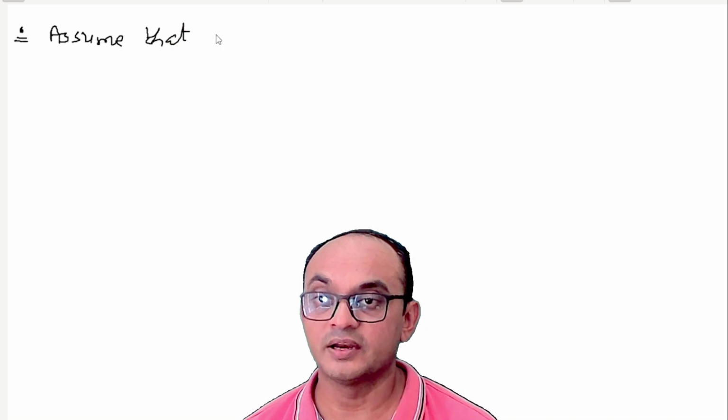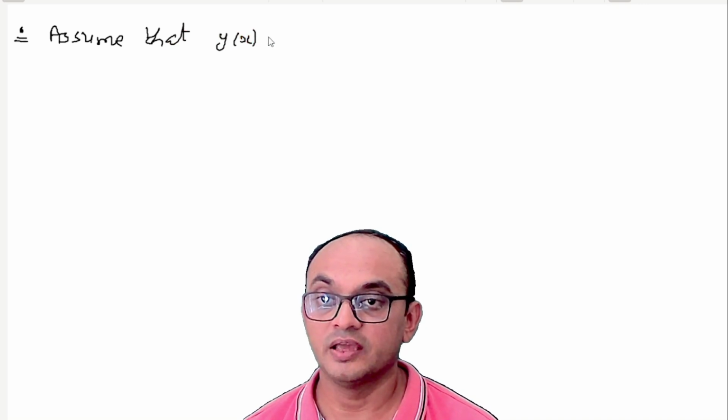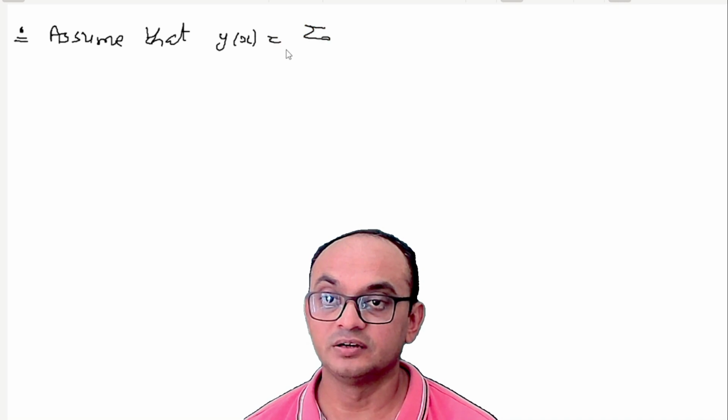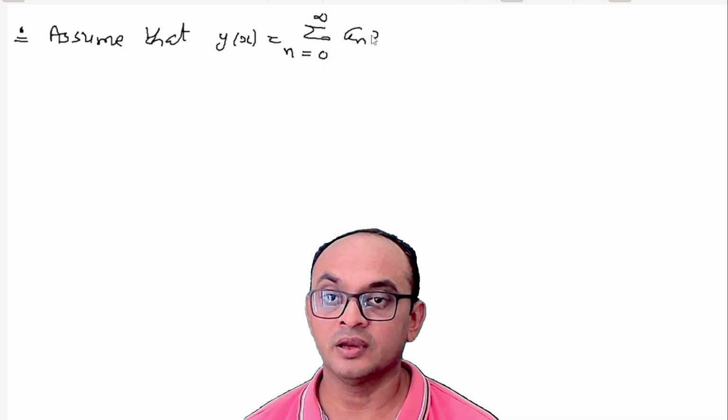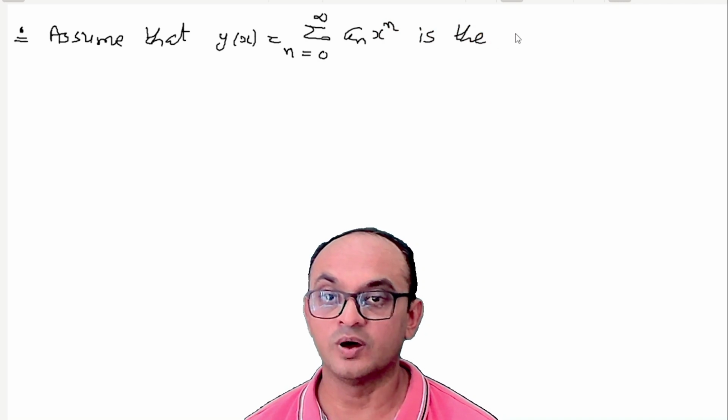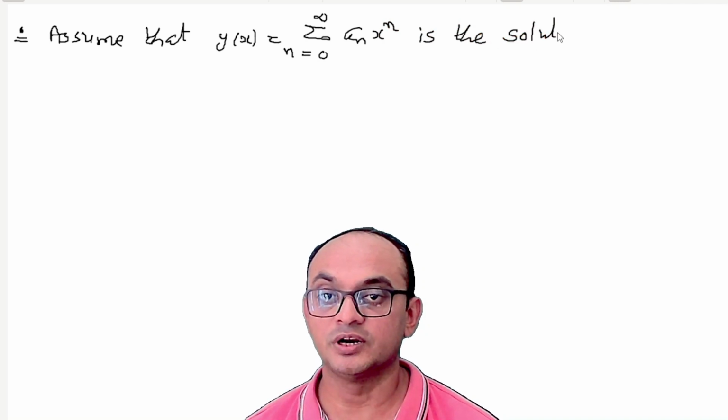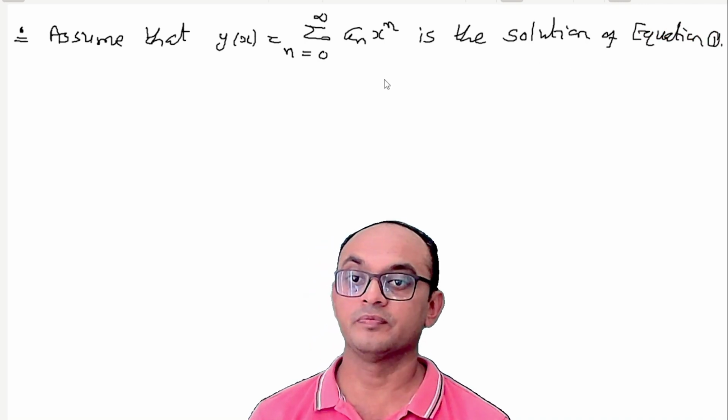So now let me write, assume that y of x is equal to summation n equal to 0 to infinity a n into x raised to n is the solution of equation 1, right?